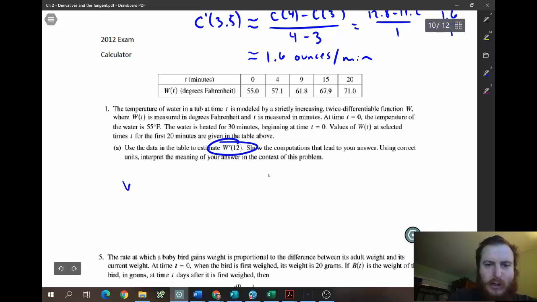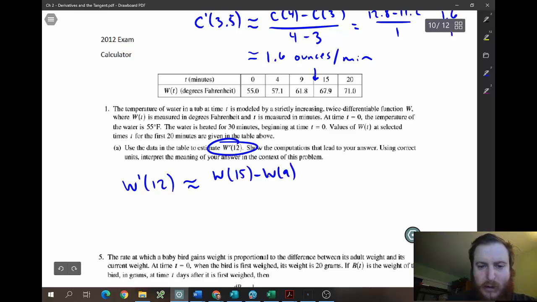So in this case, we're going to say that W prime of 12 is approximately, now 12 is in between 9 and 15, so W of 15 minus W of 9 over 12 minus 9. That gives us 67.9 minus 61.8 over 3.